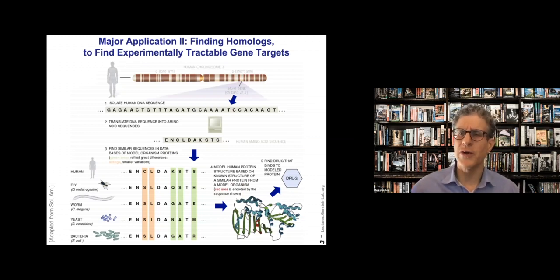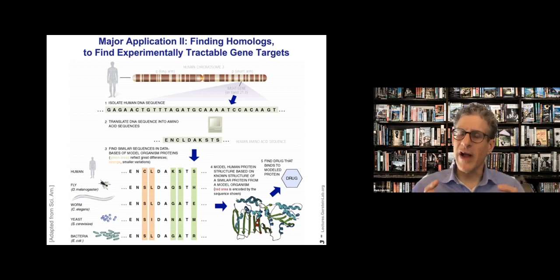Another application, which we're going to talk a lot about, is sequence comparison and finding homologues. And let me say why this is very important. One of the most amazing things, as you know, about biology is we, being humans, share a lot of basic biochemistry and our genetic makeup with many other organisms. And one of the key things, of course, is we can't do experiments on people or rapidly screen things and so forth, but we can do this for a lot of other organisms.